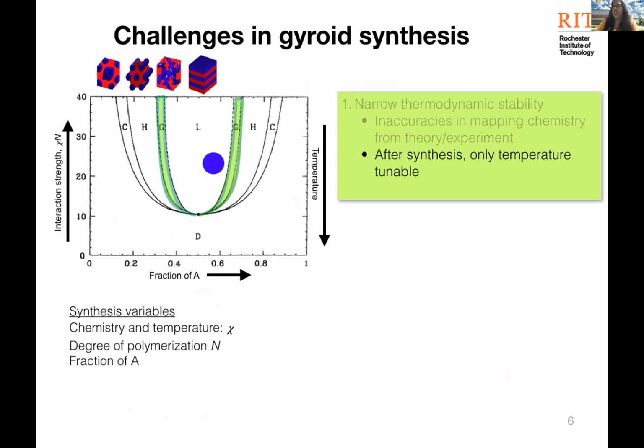You can only change temperature and you can go up and down, right? So the only leverage that you have in a practical sense is vertically, not horizontally. Okay, and a more serious issue is, I cannot get a gyroid at 25% volume fraction. So if some application calls for 25% volume fraction or composition, then I really cannot access that morphology.